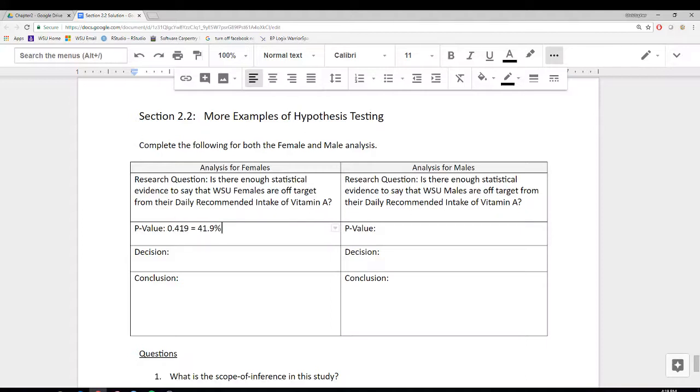You have to move that decimal 2 places to the right when computing a percentage, and not 1. That's about 41.9%. So the decision here is: is 0.419 less than 0.05? The answer to that is no, not even close. So our decision here is that we do not have enough evidence for the research question.